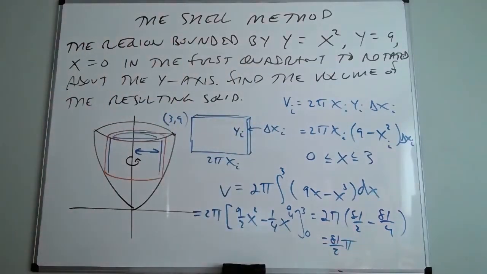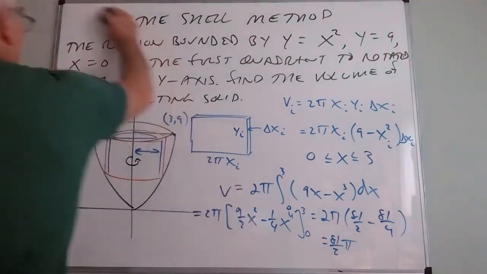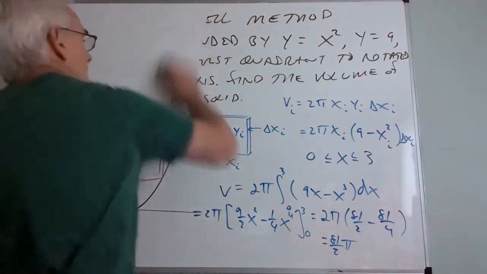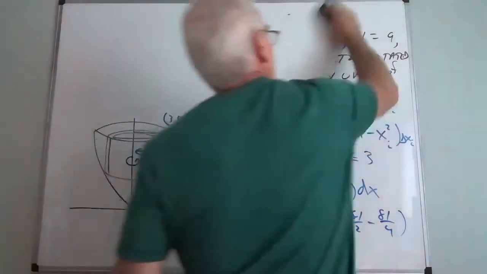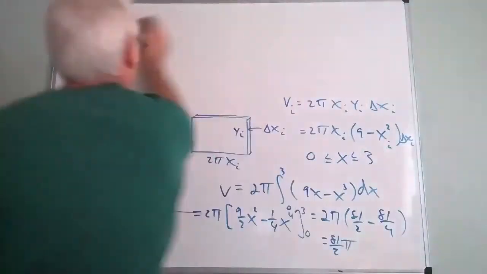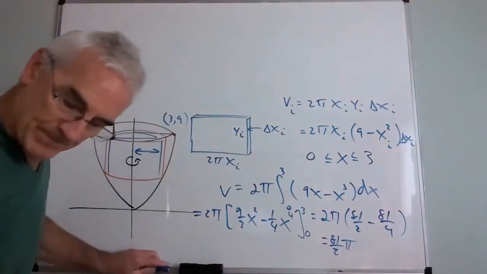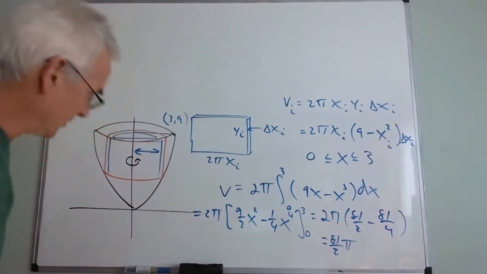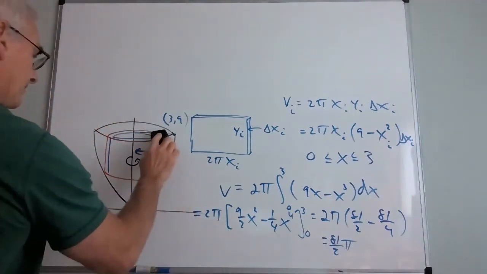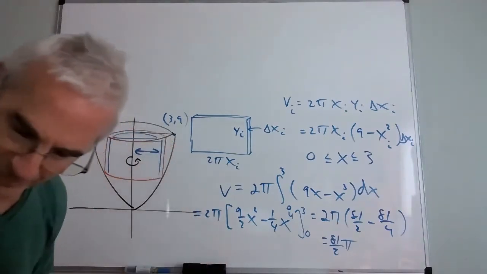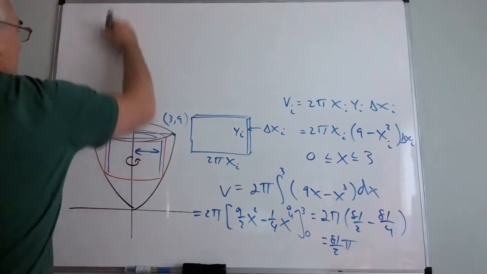Okay. Now, just for comparison purposes, what if we had used the disk washer method? Okay, if we had used the disk washer method, actually, I'll just draw a picture above it. Same problem.